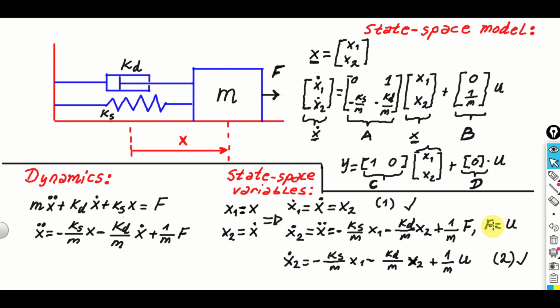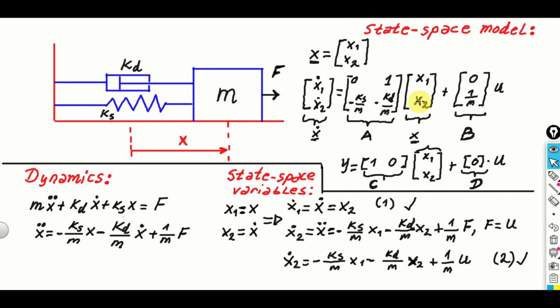Next, let us denote the force by u, and by substituting u in this equation, we obtain the second state equation that looks like this. Now, by introducing a state space vector x underline, where this underline symbol is used to distinguish the state vector from the displacement, and x underline is x1 and x2, we actually arrive at the state space model. This state space model is obtained by combining these equations and writing them in the vector format. So what did we do here?